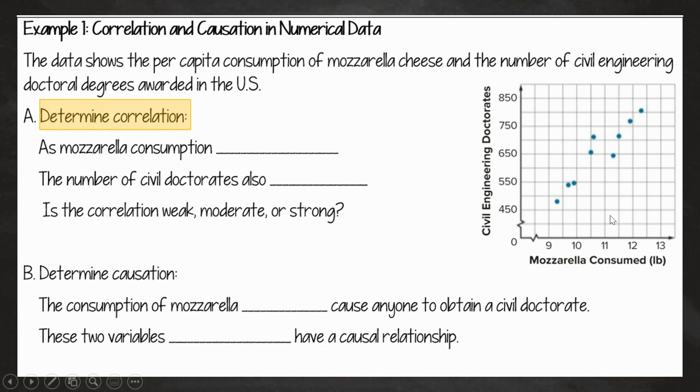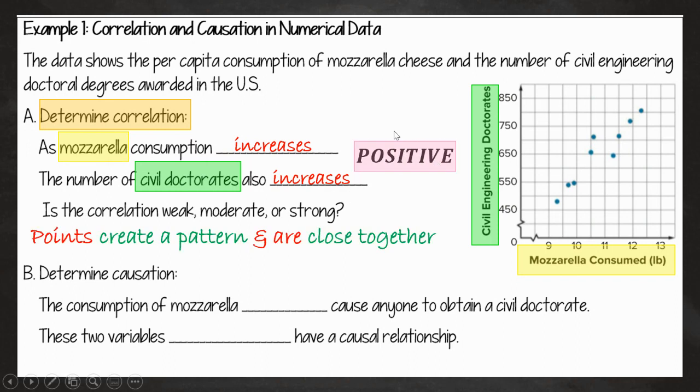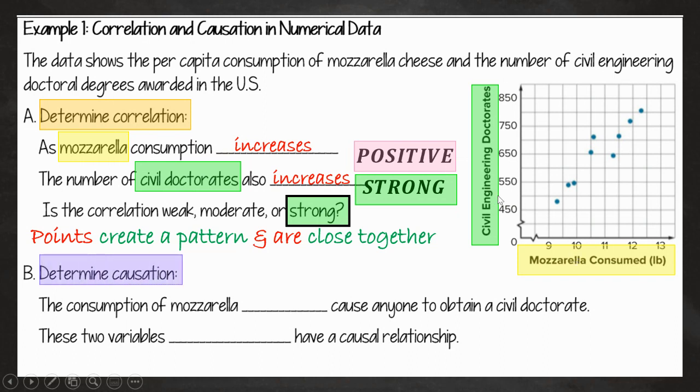As my mozzarella cheese is increasing, my doctorates are increasing. So great, they're correlated, and it's a strong correlation. They have both a positive and strong correlation. But does that mean that one is causing the other? Does the amount of mozzarella cheese one person consumes cause them to get a civil engineering doctorate?